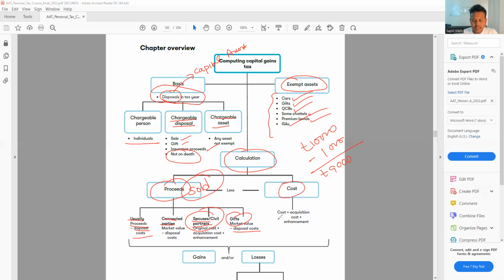And cost is the cost plus acquisition cost and enhancement. Now the cost means the original cost, when you buy that asset, how much was the actual price. So this is the first thing you have to know: this is my original cost of the asset. And the next thing is enhancement, which means improvement.